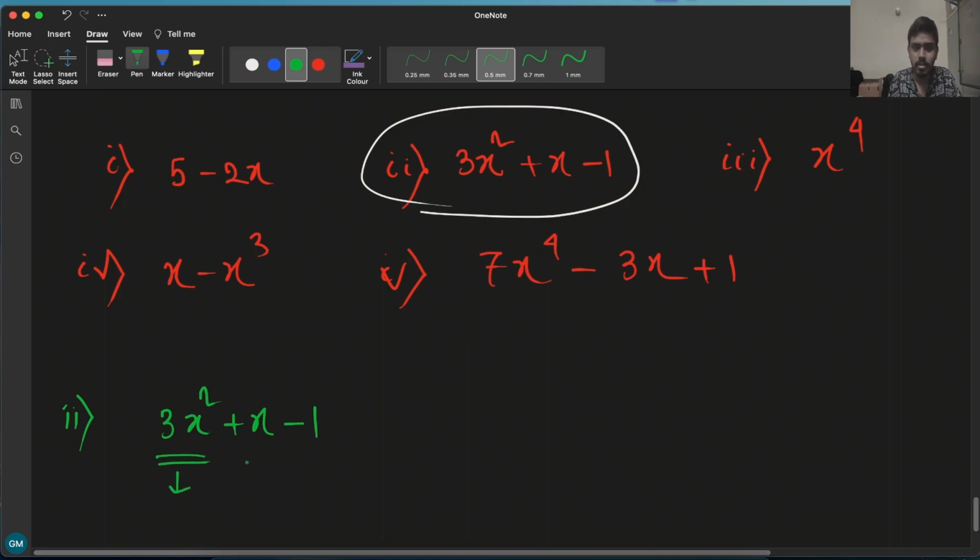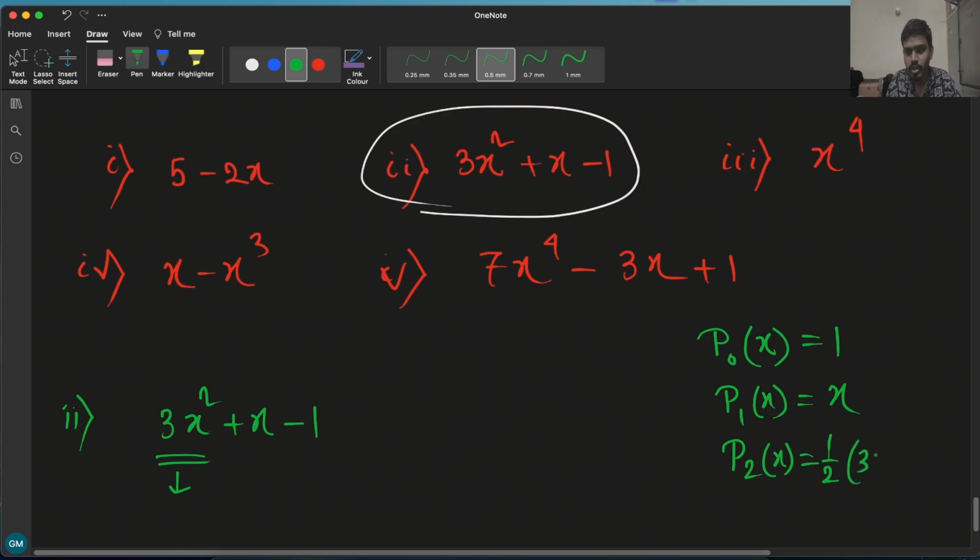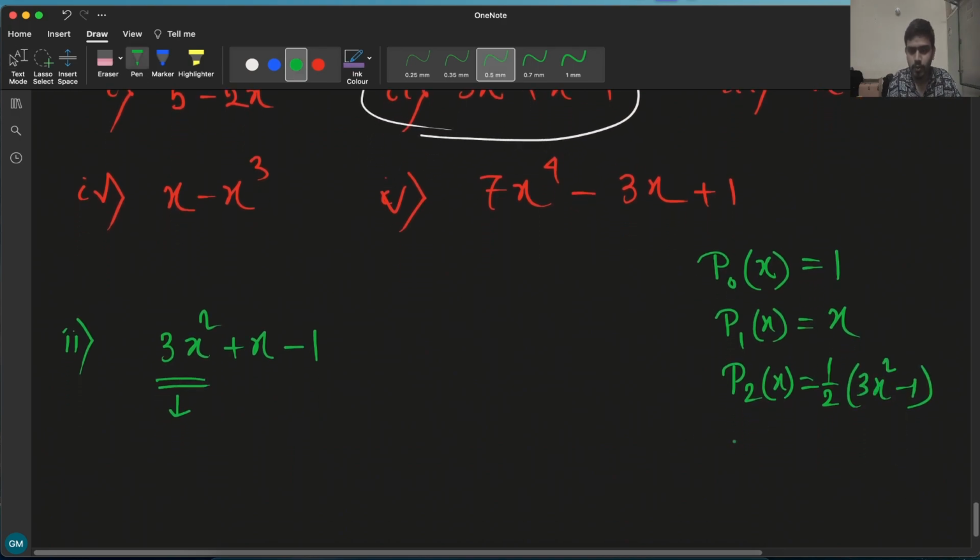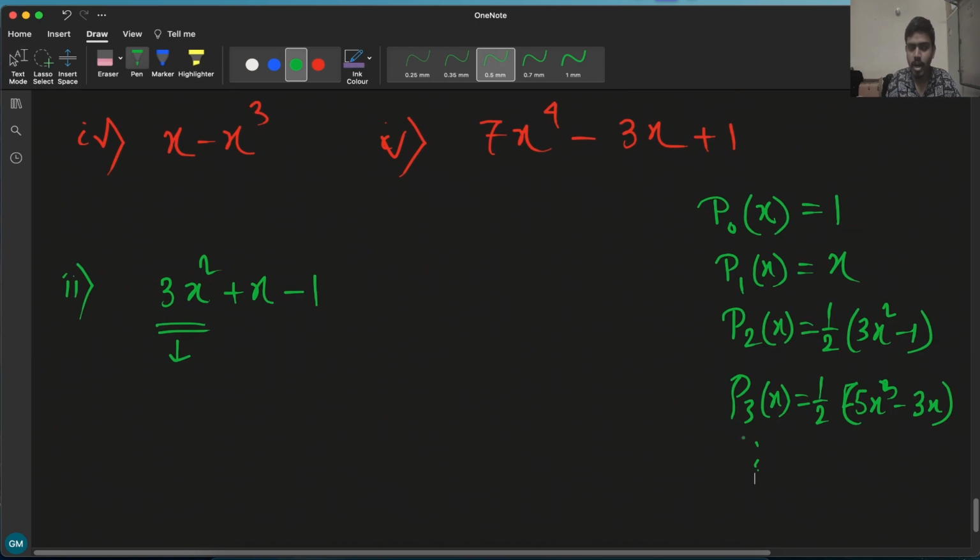So if you recall, P0(x) is basically 1, P1(x) is x, P2(x) is 1/2 (3x² minus 1), P3(x) is 1/2 (5x³ minus 3x), and so on, right? I'm assuming that you have already derived P4(x) and P5(x), which I gave you as homework.